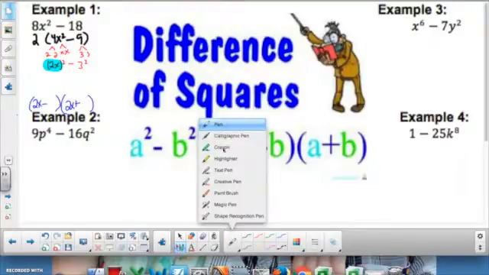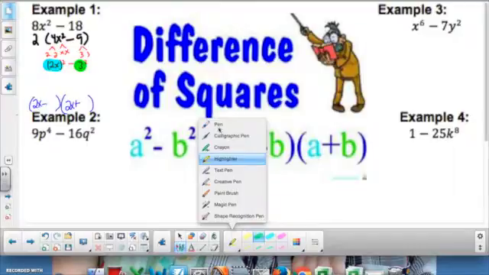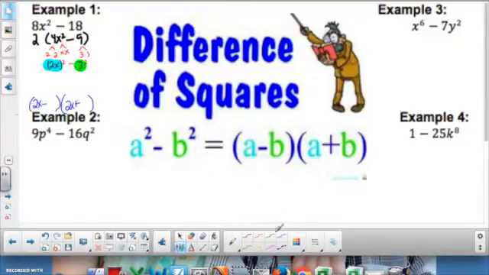Then my B is going to be 3, because the thing that's being squared in the second spot is just that 3. Not the 3 squared, not the 9, just the 3. So you're taking basically the square root of each of these, and that's what goes in your two blanks. So let's do 3 and 3.